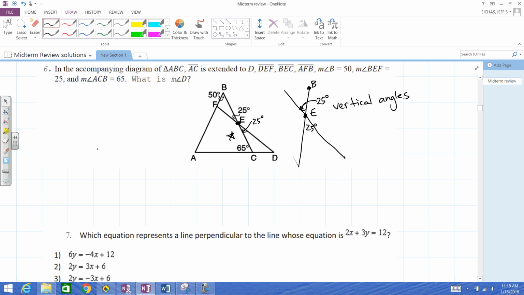Now I'm going to focus just on this here. If you can track with me, ignore everything else. We just found that that's 25 degrees from here to here. They're telling us this is 65 degrees, and they want the measure of angle D. Now, using the exterior angle theorem is the fastest.